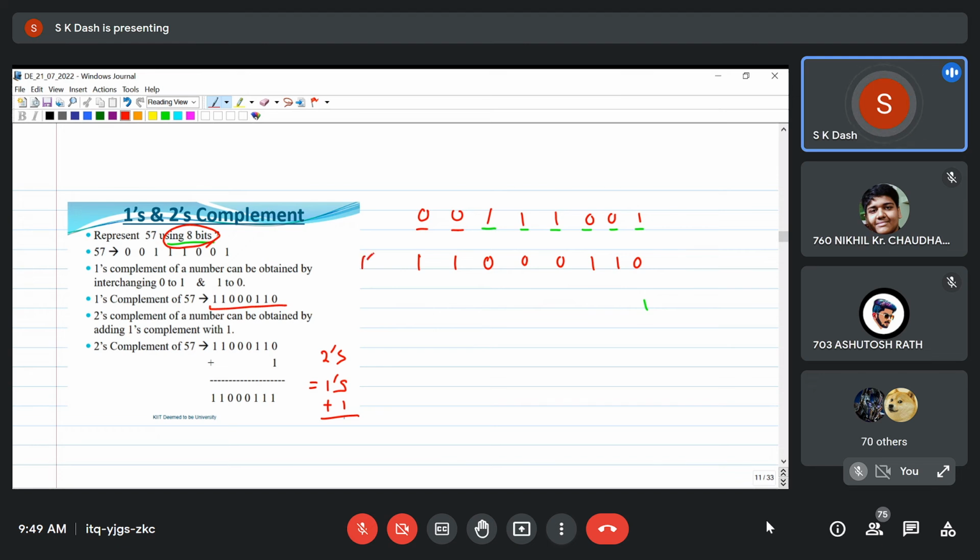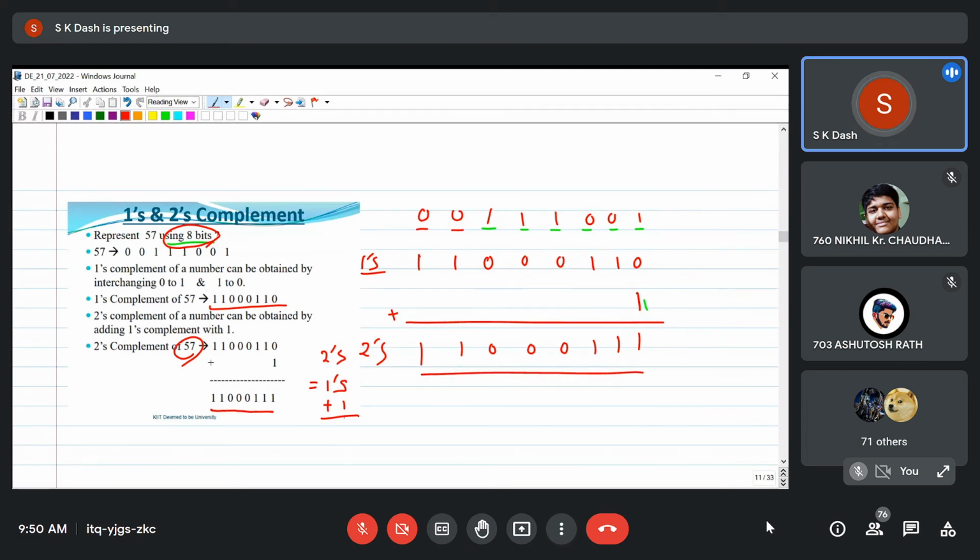Here you already calculated the ones complement, so if you add 1 to this, it will give you the two's complement. So what will be the result? 1 plus 0 is 1, and all the others are 0 only, so the same thing will come. So the two's complement of 57 will be 11000111.